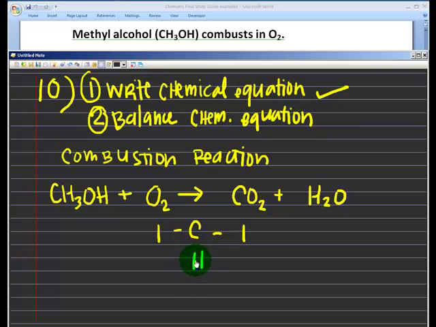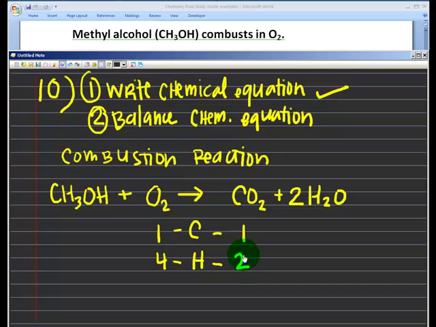Now let's do hydrogen. On my reactant side, I have 3 plus 1, so I have 4 hydrogens. On my product side, I have 2 hydrogens in water. Now I know this isn't balanced, so my next step would be to balance the hydrogens. I need to add more hydrogens on the product side, and the only way I can do that is by multiplying the waters by 2.